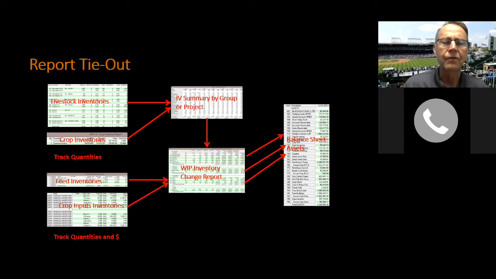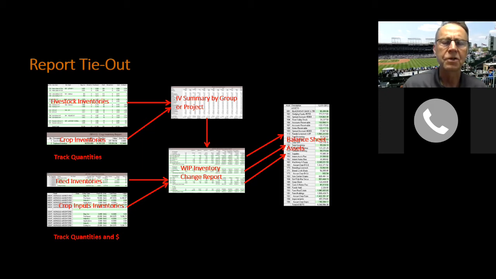And these feed into our WIP inventory change report, which is a master control report for inventories. Whereas this is tracking by project and group, this rolls up by center.